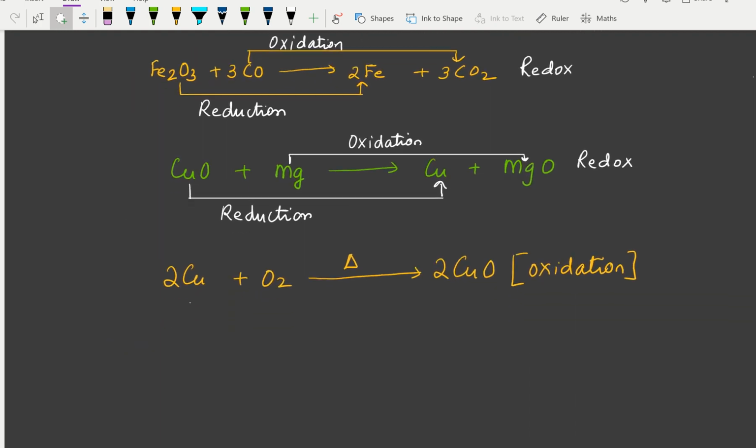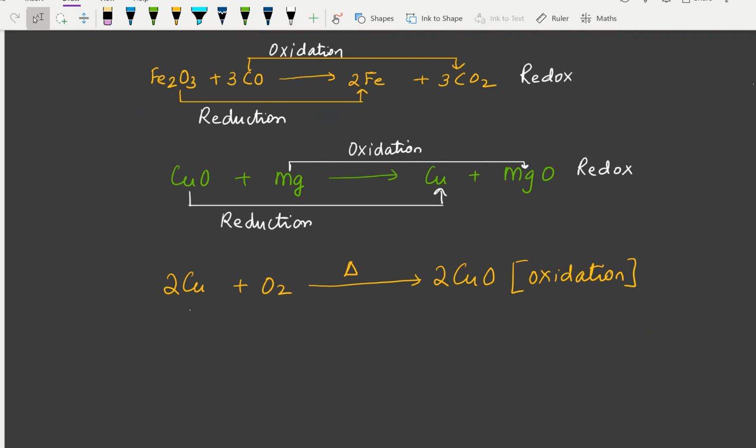Fine. I'm going to take my last example, because I'm very sure by now you must have understood the concept of oxidation, reduction, and obviously redox. So now I'll take my green color back, and this time I'll take the example of magnesium. If I heat magnesium in the presence of oxygen, what do I get? I get MgO.